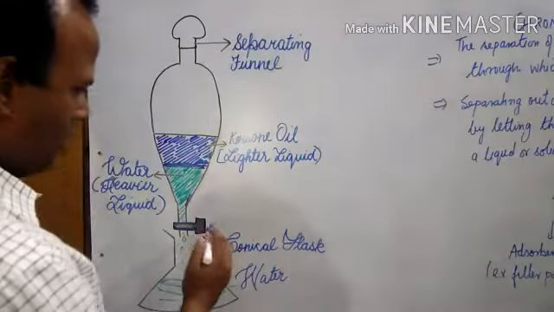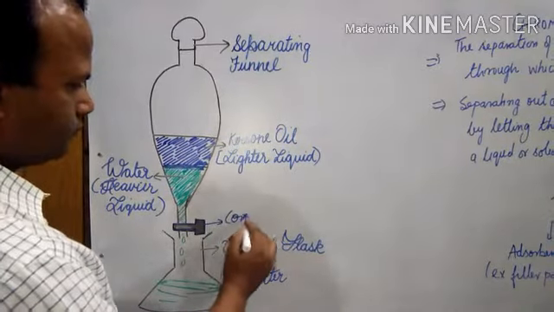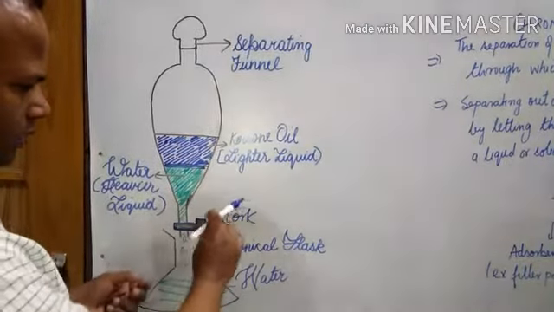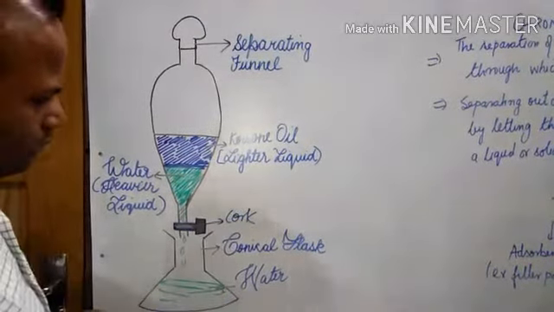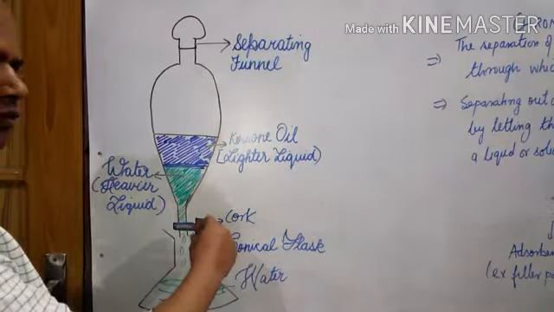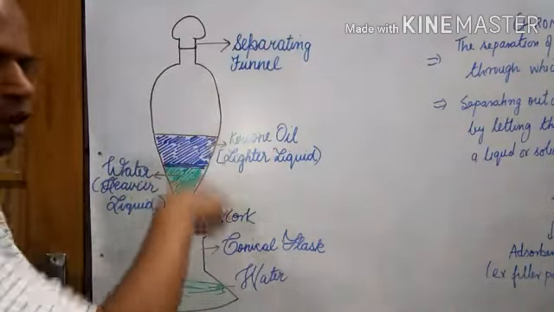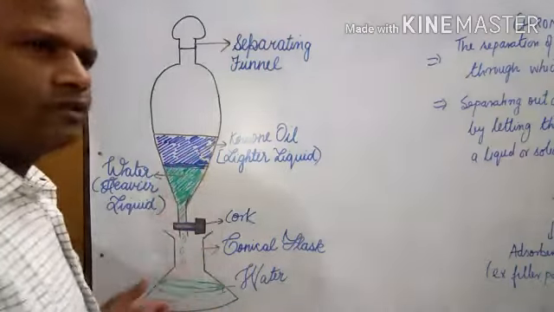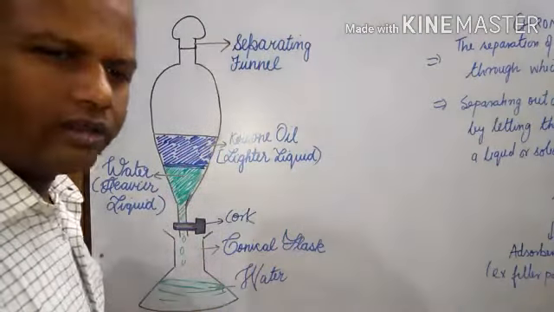Now we have a cork here. We collect the liquid very gently without disturbing the whole mixture. Otherwise, it will get mixed and we will not get the desired result.